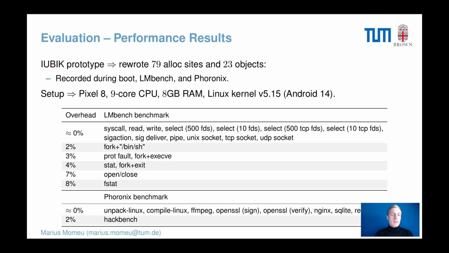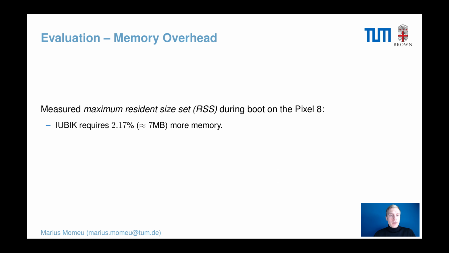The table on the slide shows that UBK incurred its worst case performance on fstat and open-close, while almost no overhead at all in all the other benchmarks from LMBench. And on Phoronix, UBK incurred almost no overhead at all in all tests. In terms of memory overhead, we've measured UBK's maximum resident set size while booting the kernel on the Pixel 8 and computed that it requires 2.17% more memory than vanilla.